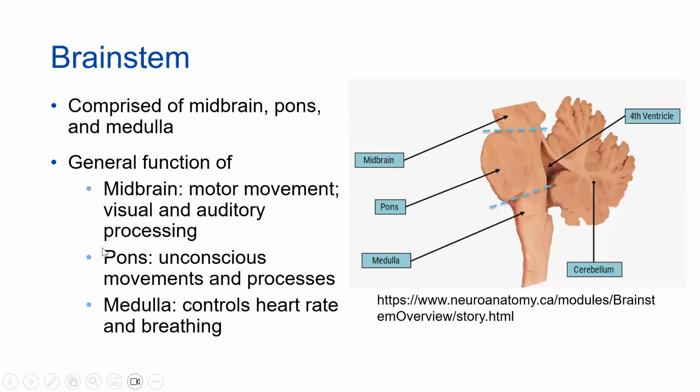So this is a good example of some brain regions that we've had for quite some time compared to the cortex, which is more recently evolved. So you can see that the brainstem is mainly involved in just keeping us alive and allowing us to move, whereas the cortex is for the advanced motor planning and cognitive abilities.